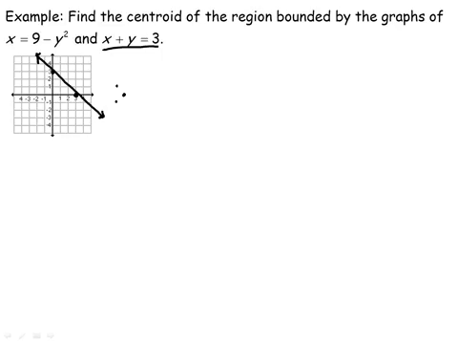If y is 2, you know that x is going to be 5. And you can go even farther. If y is 3, then you're going to get the 0. So it's going to be this one here. So what region are we talking about? We're talking about this region here.